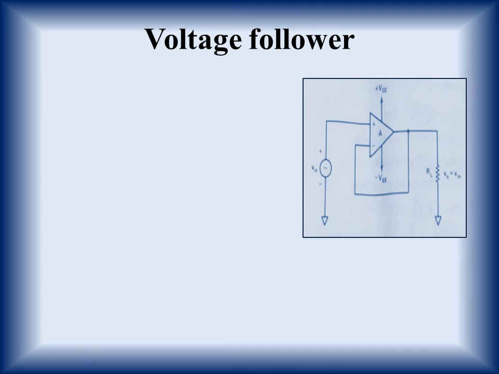So here you can see that initially in a voltage series feedback amplifier, here RF was placed, here R1 was placed, and the rest is the same. Now what we have done? We have removed RF and R1. This means all the output is being fed back to the inverting end. So such a combination is called a voltage follower.